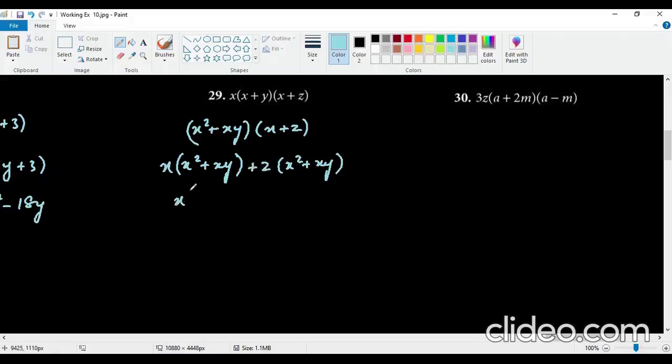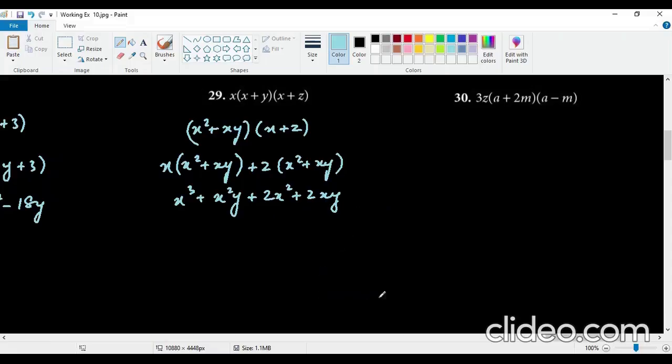X cube plus x square y plus 2x square plus 2xy. This is going to be your final answer because there is nothing like terms, so we will leave this over here itself.